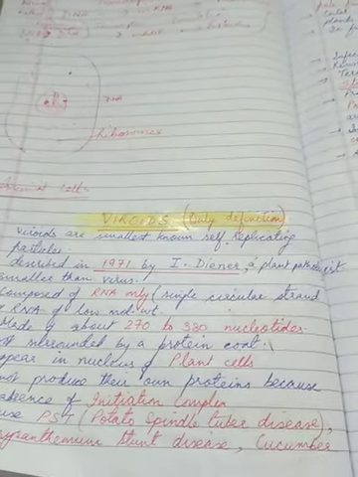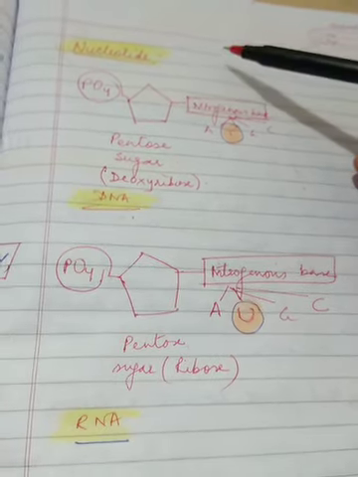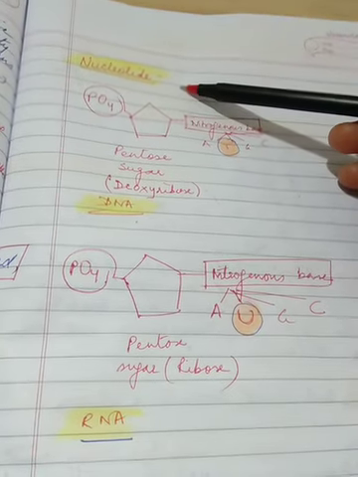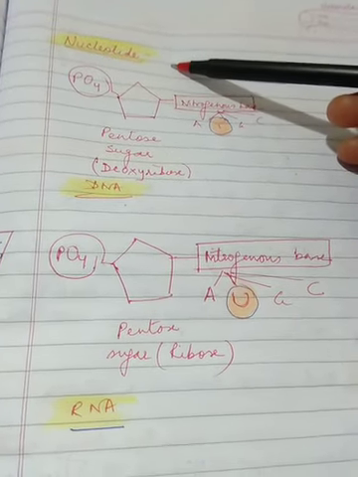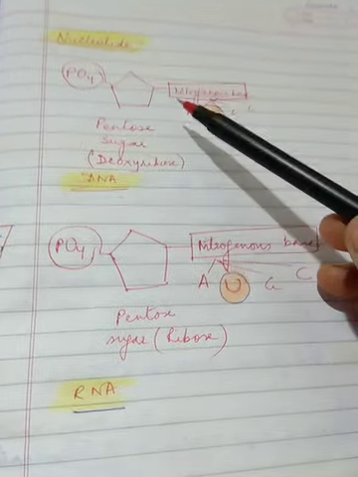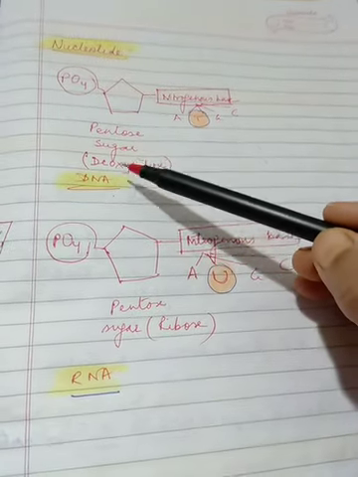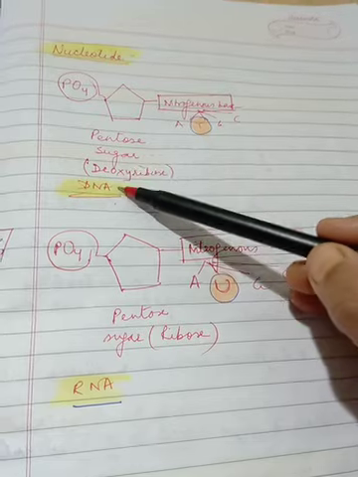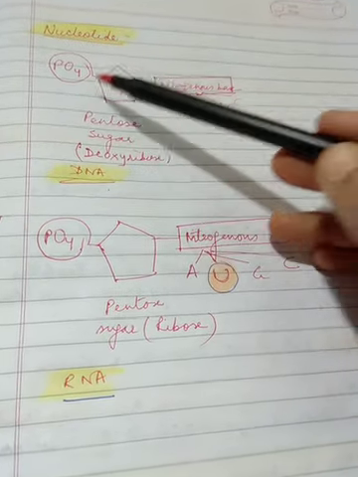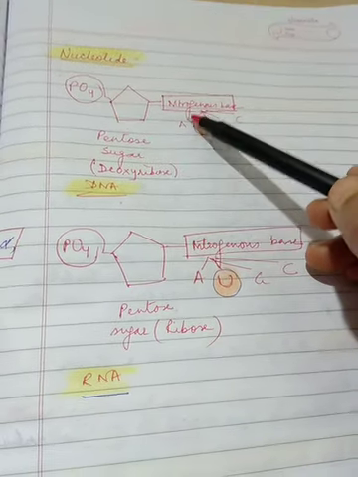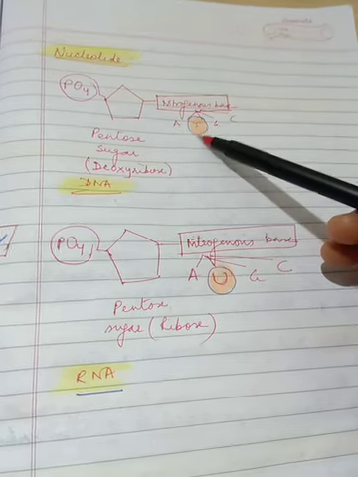Now what are nucleotides, children? You'll have to just revise. In your class 10 syllabus, you are studying nucleotides in the structure of chromosome. A nucleotide is an assembly of a pentose sugar. If you are studying DNA, then this sugar is deoxyribose, with a phosphate group at one side and a nitrogenous base out of any four.